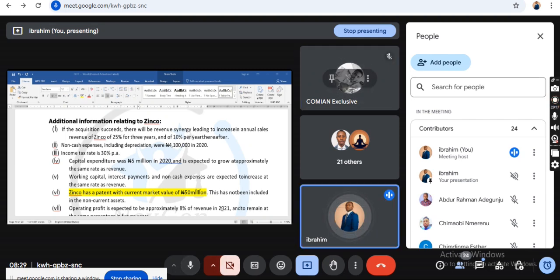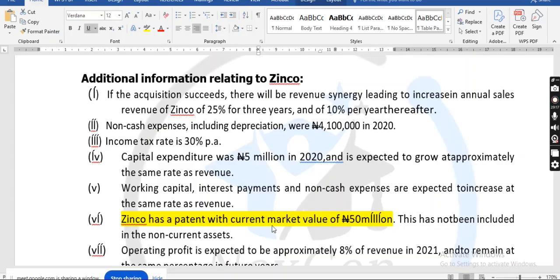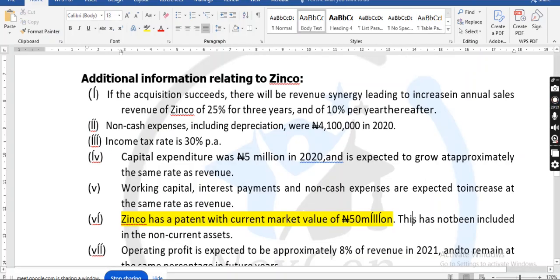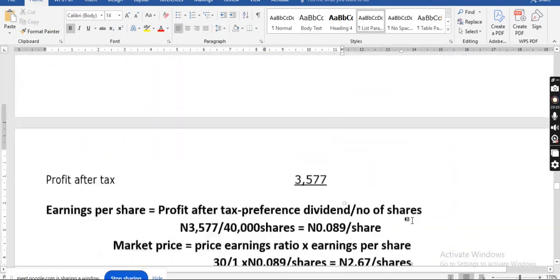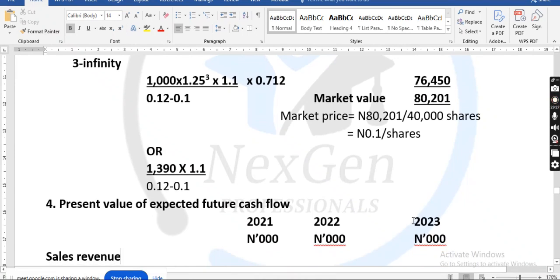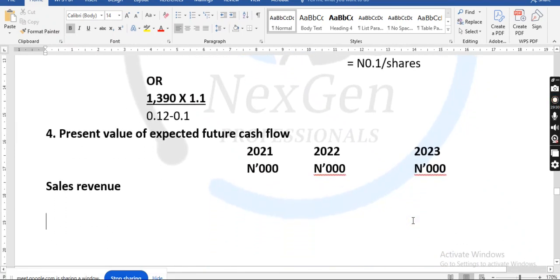Okay, so we have to move. So let's quickly increase the revenue by 25%, right? So we increase it by 25%. So please increase this figure by 25%.